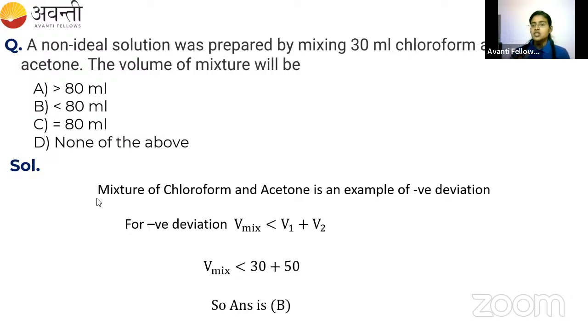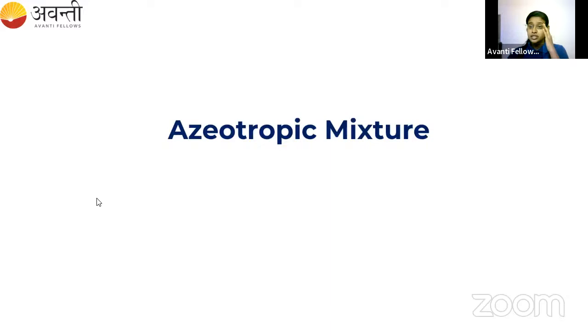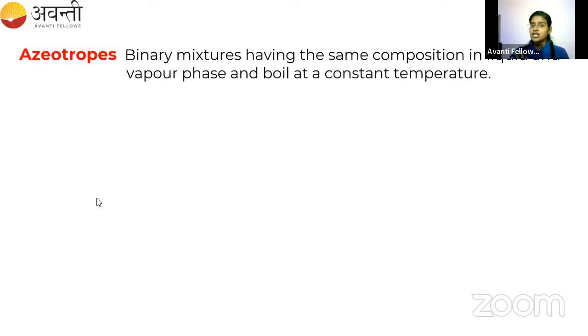So with this, I'm completing the ideal and non-ideal solution. Then the next is azeotropic mixture. The second topic of today's class is azeotropic mixture. It's very easy and simple. We can complete this within a few minutes. The first thing is I'm going to give you the definition for azeotropes.